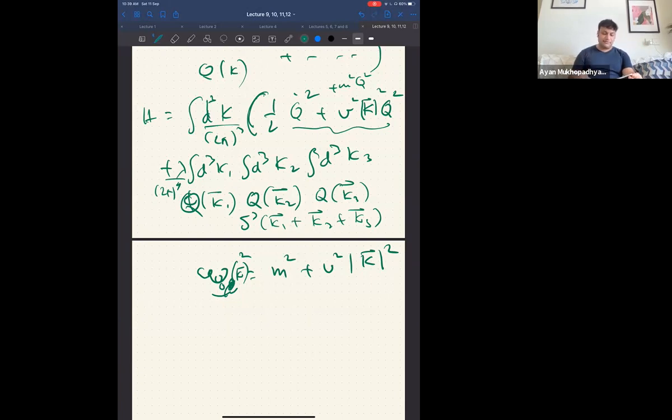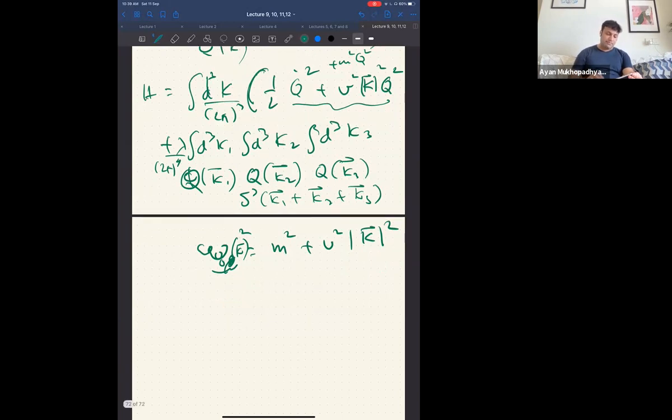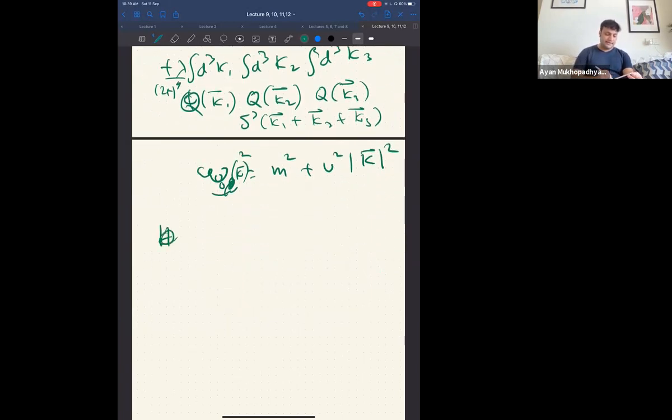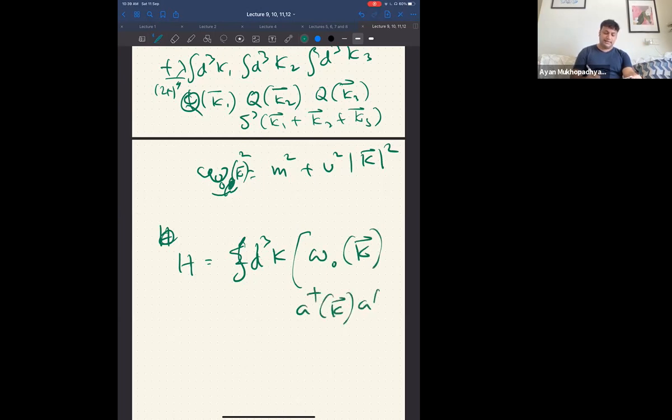And the next terms can be written also in terms of the harmonic oscillator basis, right? But now let's just look at the first term. The Hamiltonian, if I rewrite again in terms of q, I should be able to write as d cube k omega naught k a dagger k a k.